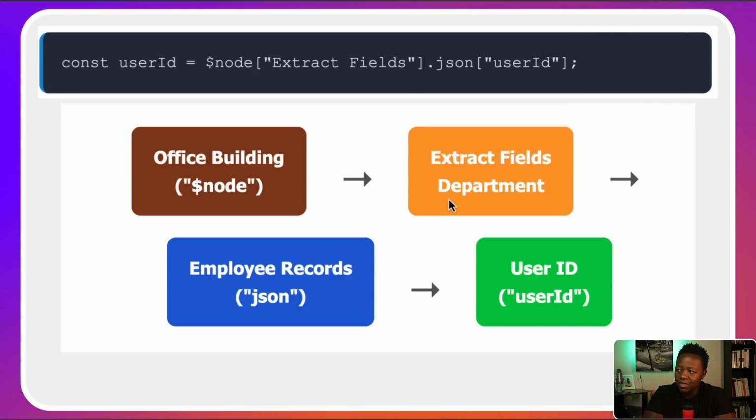Then you go to the specific department, which in this case is the extract fields department. Once you get to that department, you go to the employee records, which in this case is the JSON part. Then once you're in these records, you fetch the user ID. That's exactly what's happening here.